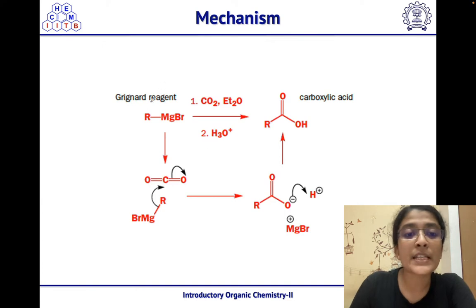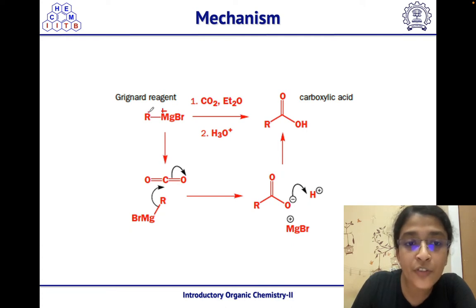So we know that this is Grignard reagent RMgBr, and since magnesium will be positively charged, this R will have a negative charge. Then this R will undergo nucleophilic addition to this carbon dioxide carbon, and it will lead to formation of this species RCOO minus MgBr plus.